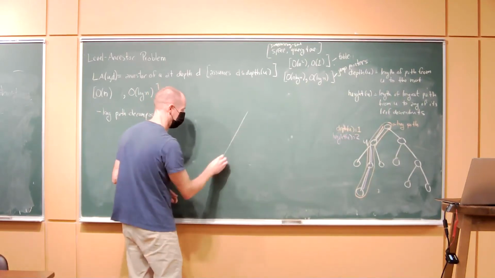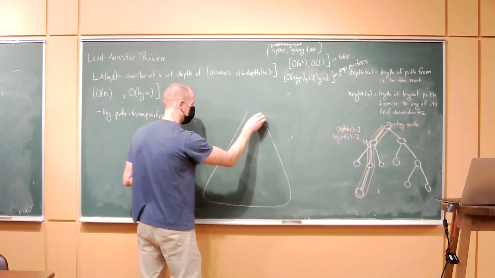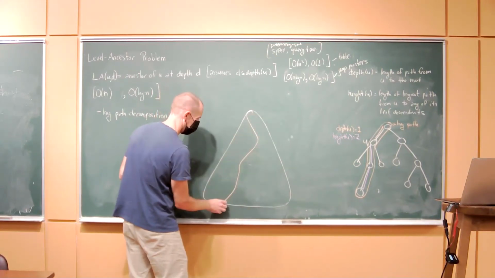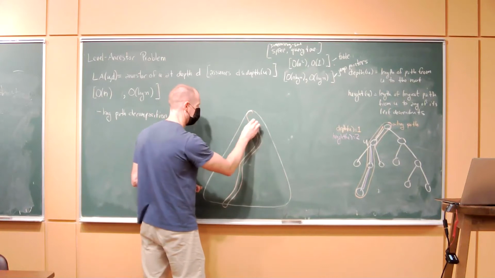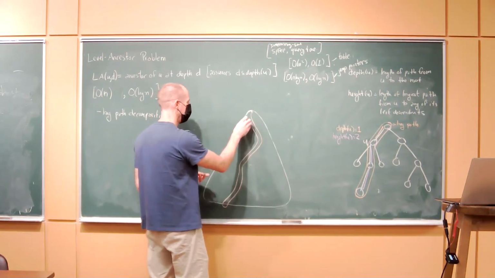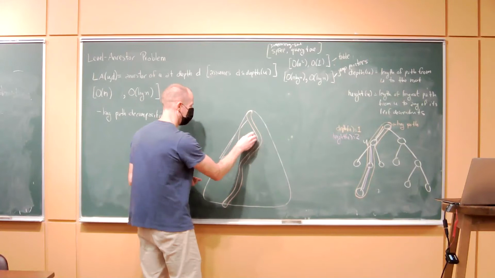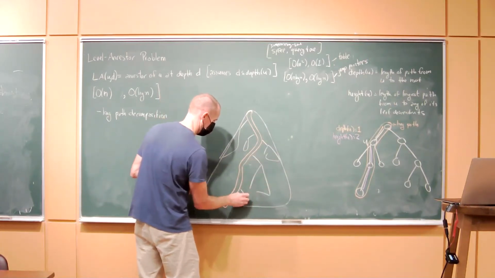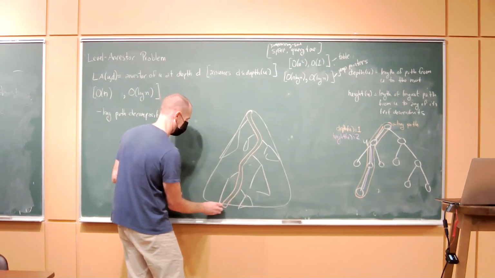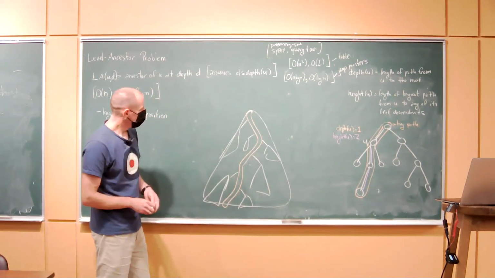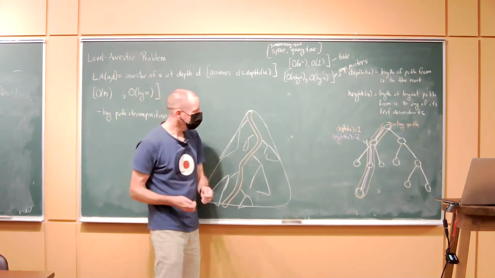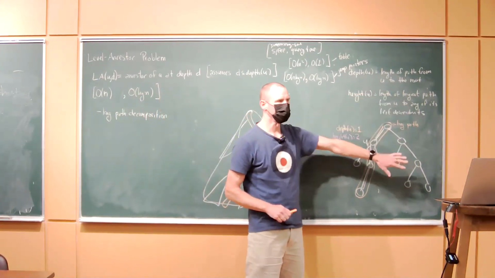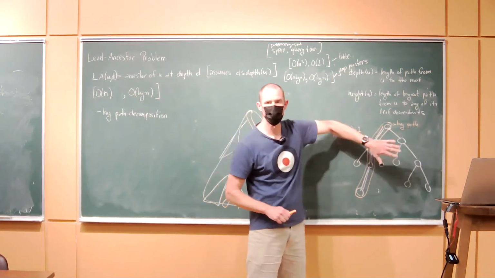Abstractly, there's our tree. There's some long path. And hanging off that long path are subtrees. And if I take the long path away, so imagine that I erase all these nodes, then I'm left with a bunch of disconnected subtrees hanging off there.